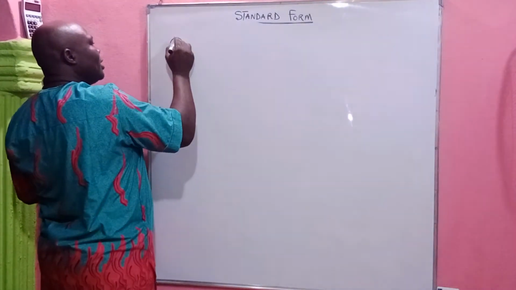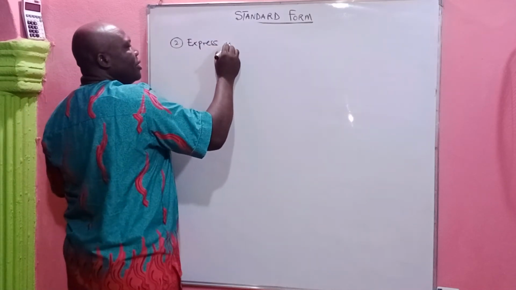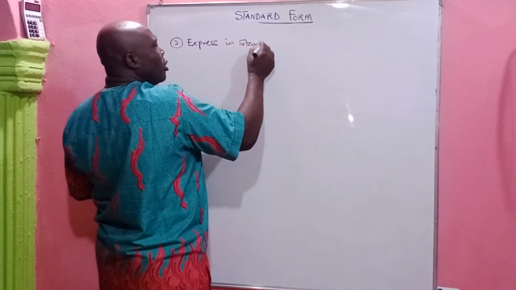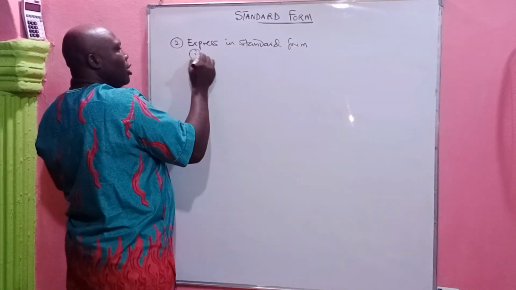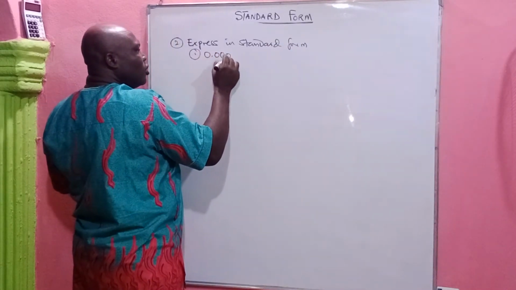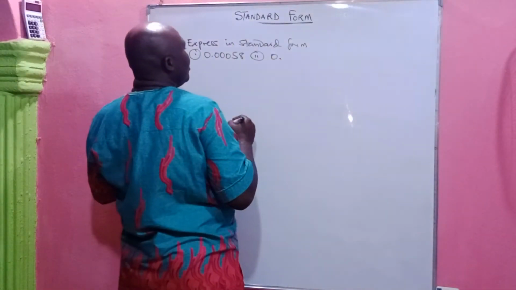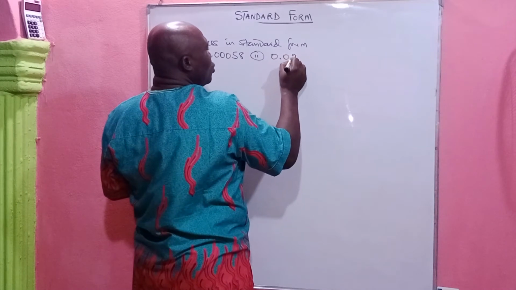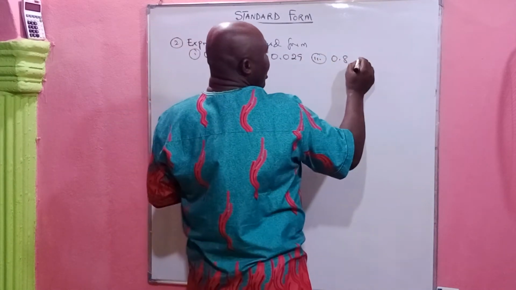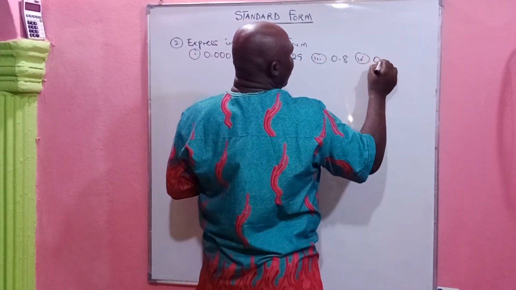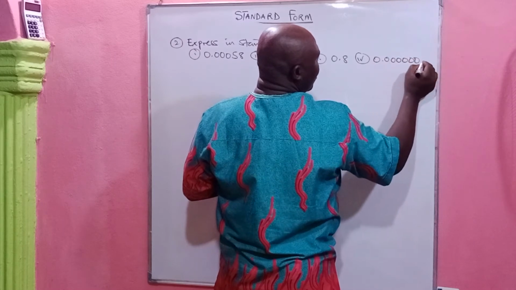Number 2, so express in standard form: I, 0.00058; II, 0.029; III, 0.8; and IV, 0.0000006.